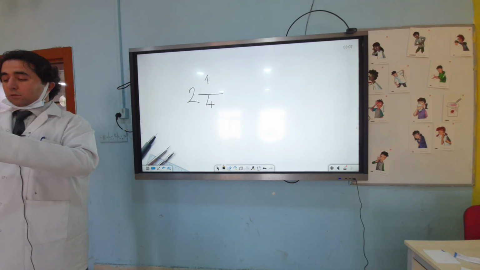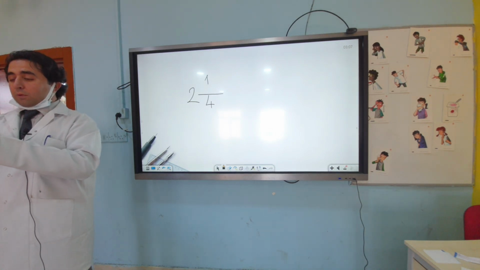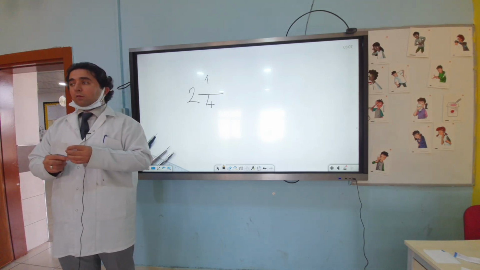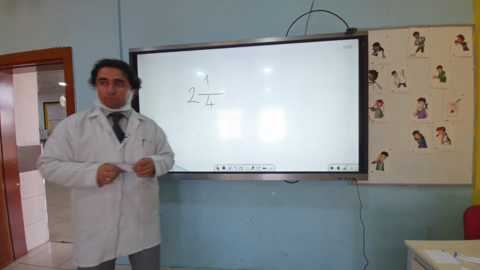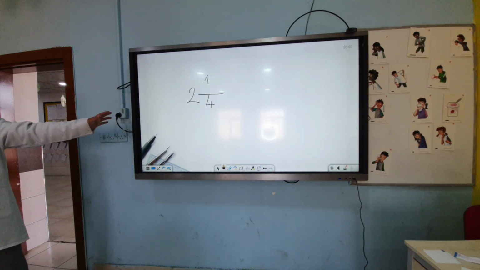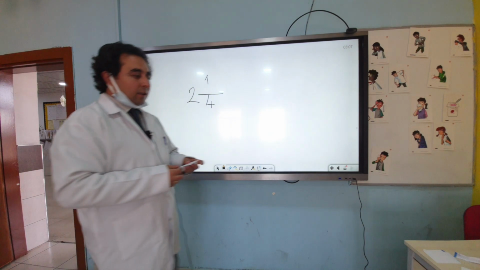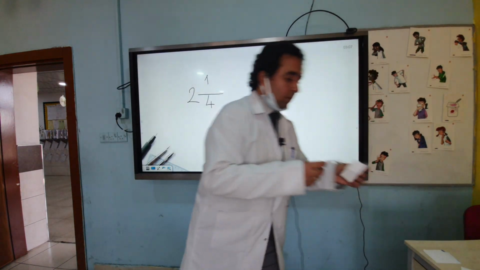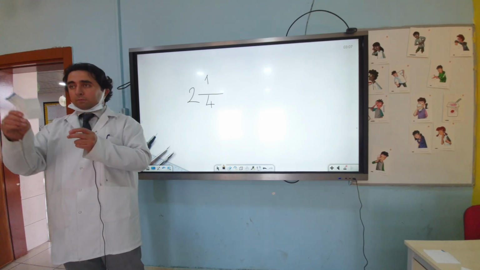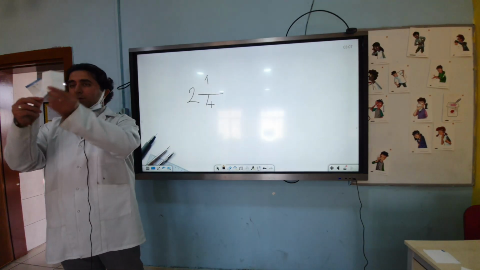Then how many small squares have you got in your papers? 4. Then, how many wholes can we see here in the fraction? 2. Then as you can see, there are 2 wholes which are represented by these papers.